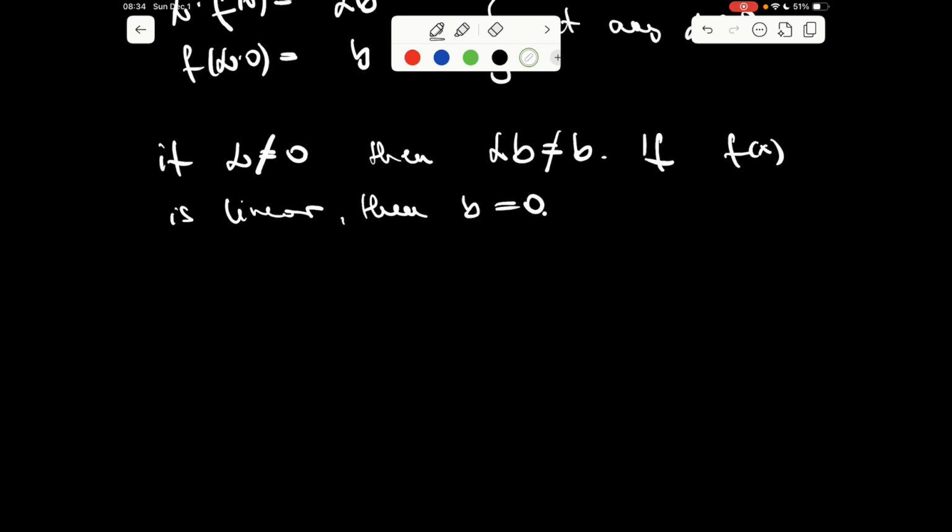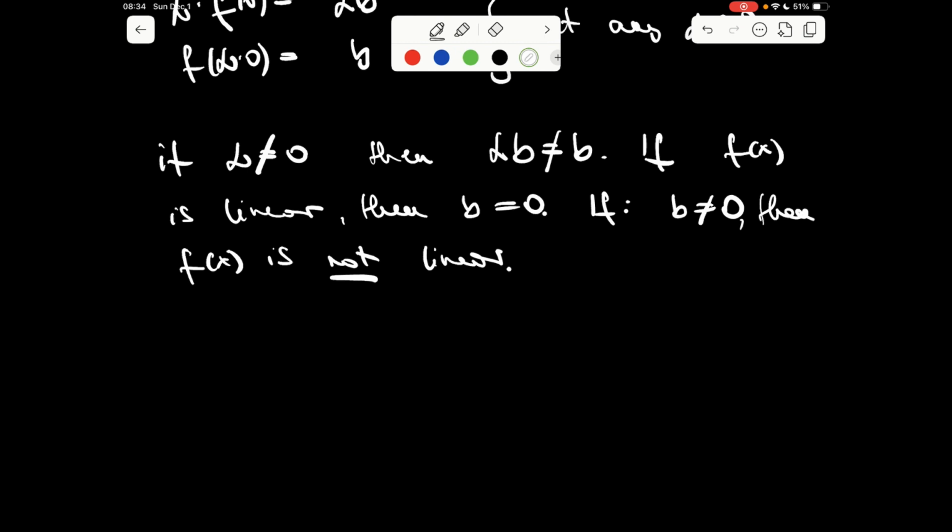Okay. We concluded by assuming the exact opposite, and we realized that we received a contradiction. If b is not 0, then f(x) is not linear.